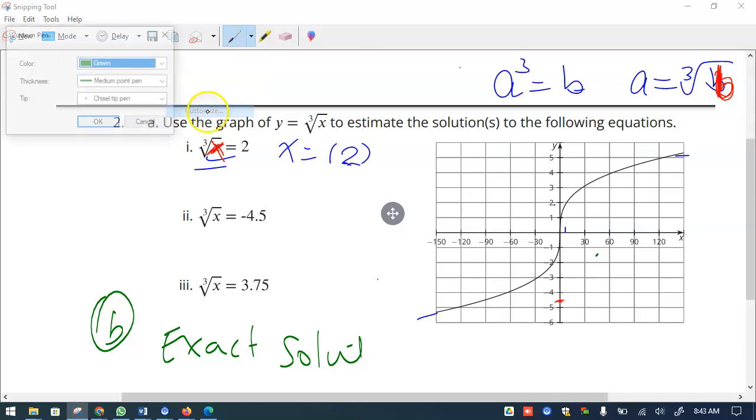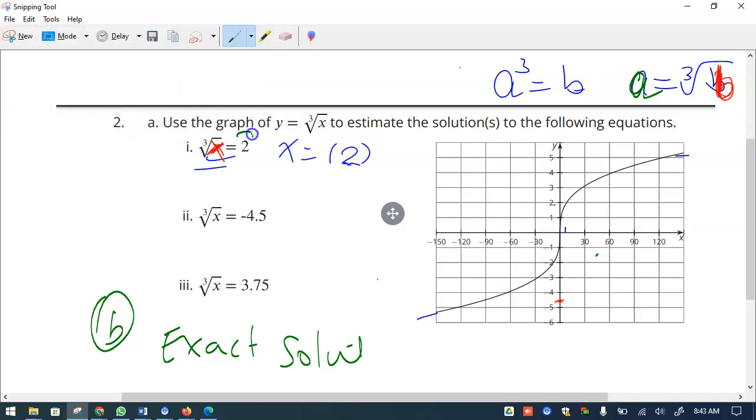I'll use the green color. This a is 2. Okay, so all you do is go backwards. So that means the b becomes equal to this red. So the x is, all you do is cube. So you cube this.